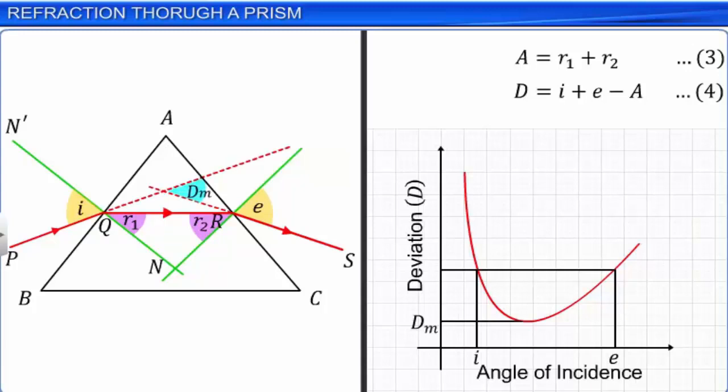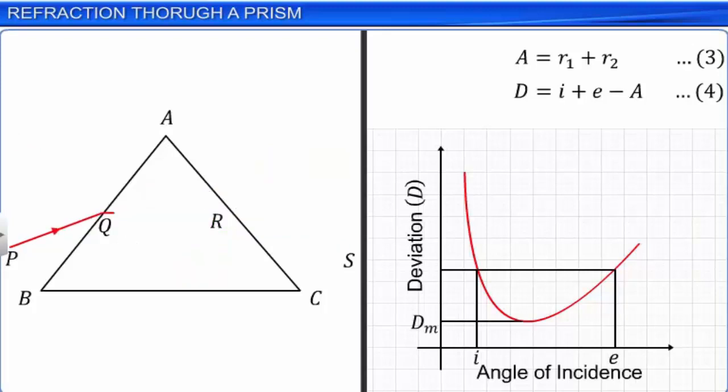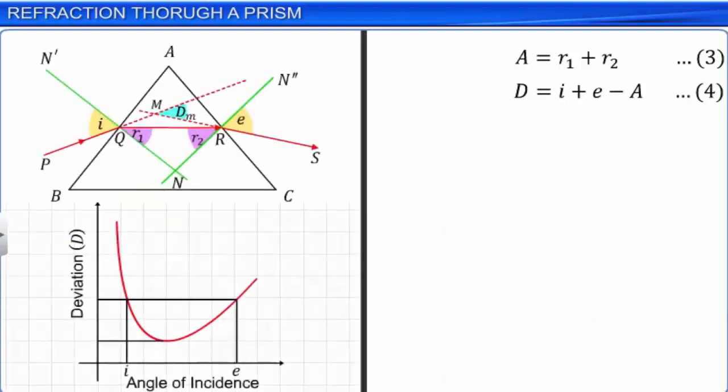In this case, the angle of incidence I is equal to the angle of emergence E. Because of the symmetry, we can also write that R1 is equal to R2 and let them be equal to R. Hence, when the prism is at its minimum deviation, equation 3 can be written as A is equal to 2R, or R is equal to A by 2. Equation 4 can be written as dm is equal to 2I minus A, or I is equal to (A plus dm) by 2.